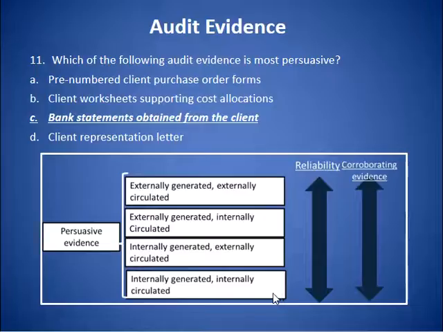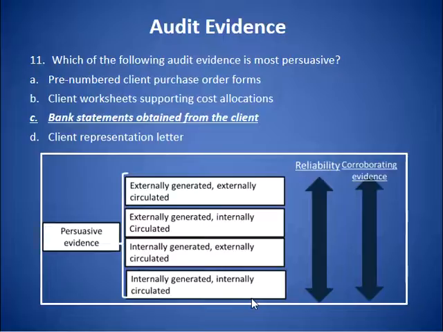They would be the least reliable and therefore least persuasive. B, client worksheets supporting cost allocations. Again, client worksheets would be internally generated and internally circulated, which would also be the 4th level. And then we have D, client representation letter. Again, that's internally generated and internally circulated.